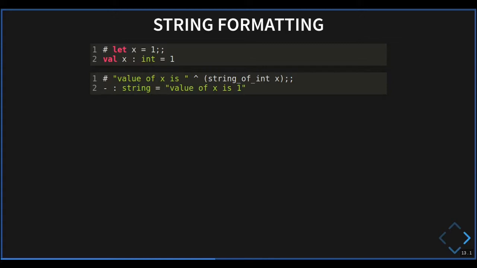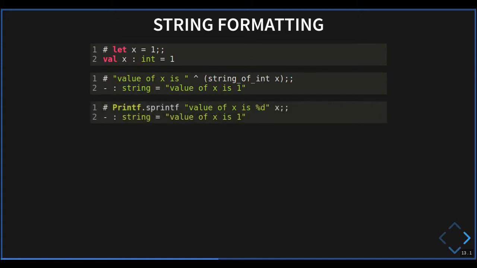And this works fine for such simple cases, but if we have, for example, more values that we want to embed in a string, this can be quite complex and verbose. So there's a sprintf function for this.